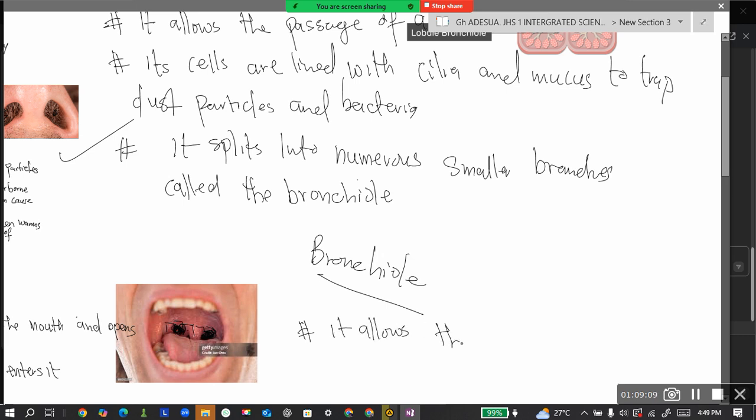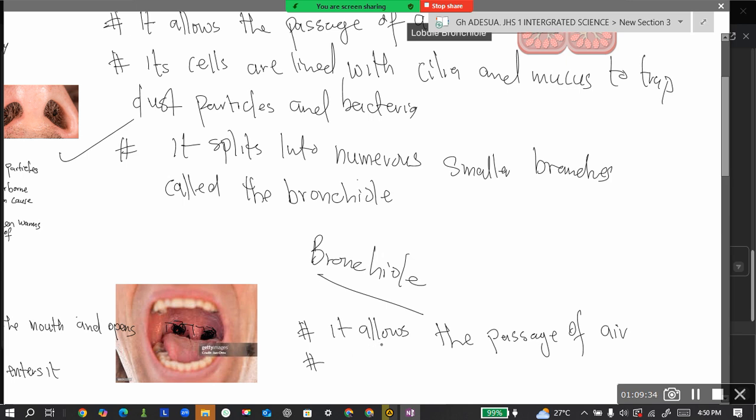It also allows the passage of air. What does it do again? It also contains cilia and mucus that trap dust particles.